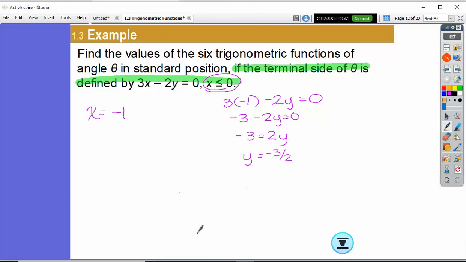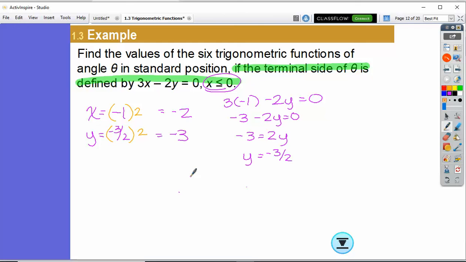There's a couple options. If you take an x and you solve it and get a y that's a fraction, what would I have to multiply my y by to get rid of that fraction? 2. So you can multiply your x by a 2 as well. So then my x is negative 2 and my y is negative 3.